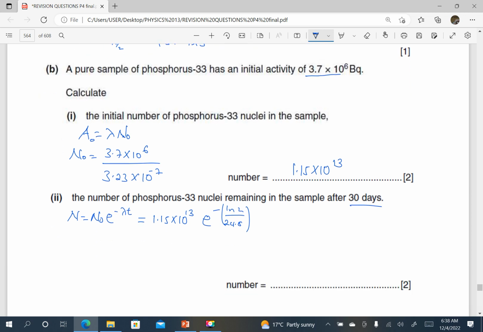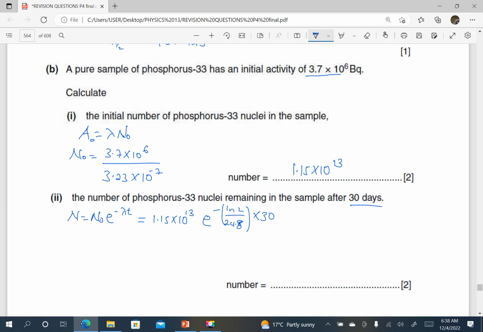You can change it if you want, but I want to make the algebra simpler. Then times the time, which is 30 days. So decay constant is ln of 2 over 24.8 per day. Then times 30 days, so the units of days have cancelled.